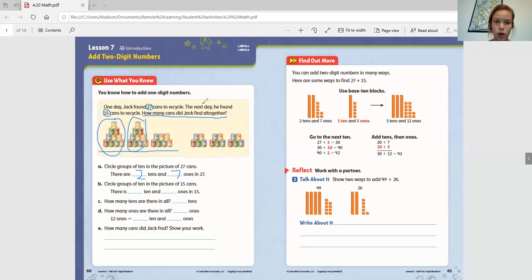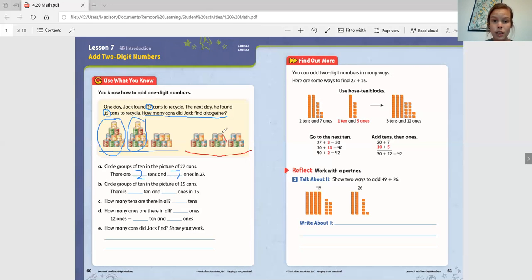Now let's look at this one over here, and I'll change up my color. This one has 15 cans in it. It says circle groups of 10 in the picture of 15 cans. None of them look like big stacks of 10, so I'm going to have to start counting and circle when I get to 10. 1, 2, 3, 4, 5, 6, 7, 8, 9, 10.